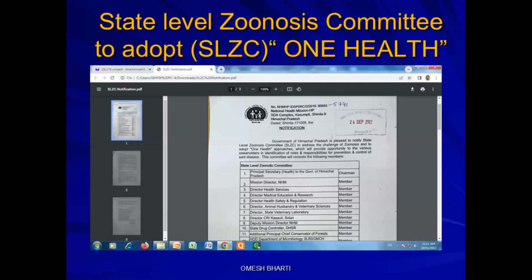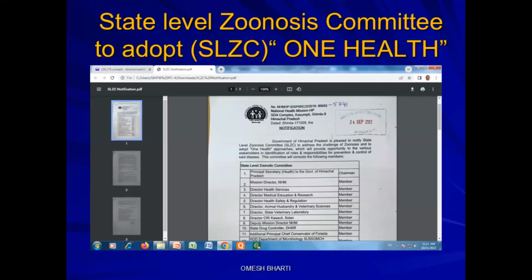So you can see the Secretary Health is the chairman, then mission director, then director health services, director medical education, director health safety regulation, director animal husbandry, director state veterinary laboratory, and then director CRI Kasauli. You can see such committees are a mandate of One Health from the Government of India. So we are the first to notify such committees that need to be done throughout the country by all the states.